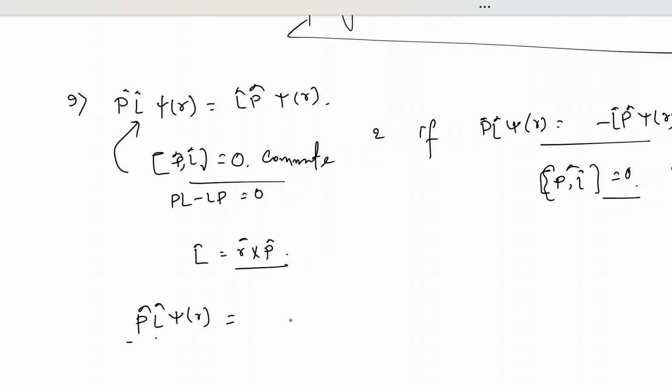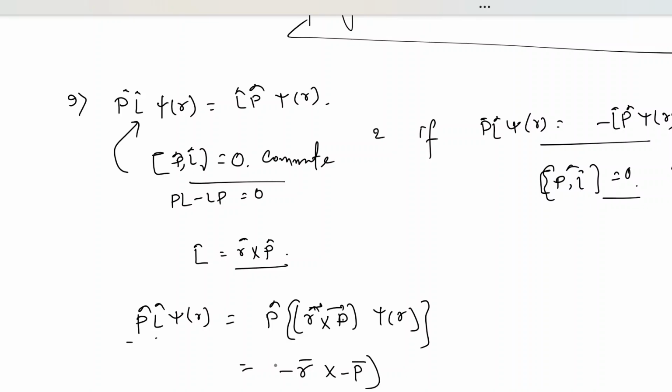When the parity operator acts on the whole thing, it changes r to minus r and p to minus p, and psi r to psi minus r. But this minus and this minus cancel each other, so this is r cross p psi minus r. So this is basically L psi minus r.